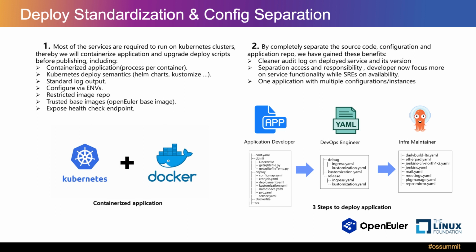So, we suggest our developers use Helm charts and customize to upgrade the deployment YAML files, and output the standard log and the configuration if needed, because we will use the robot package and centralize all of the data by our secret manager tool.